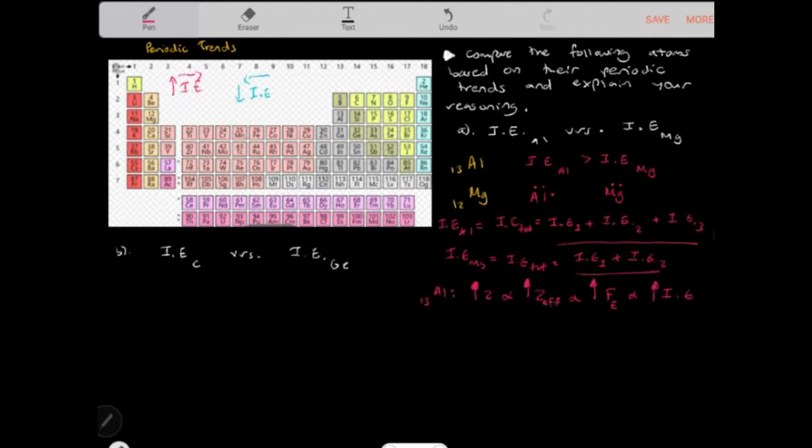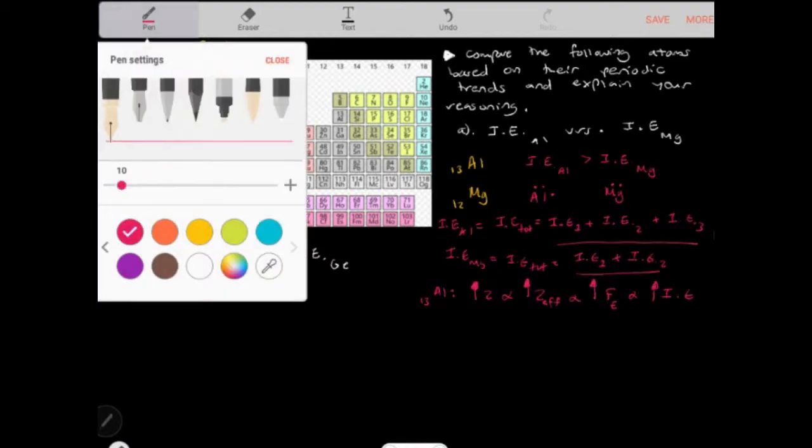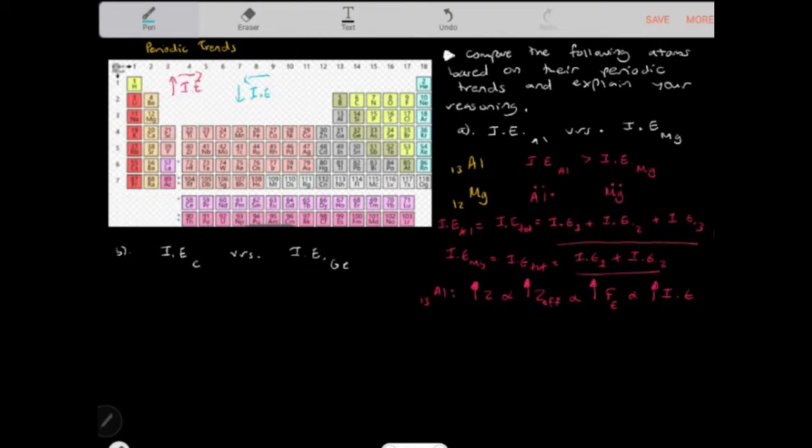Now, one thing we can understand here is if we compare magnesium to aluminum and look at their condensed electron configuration.